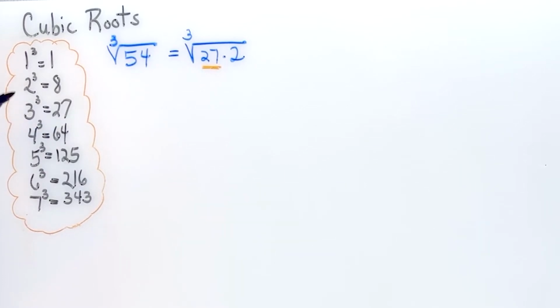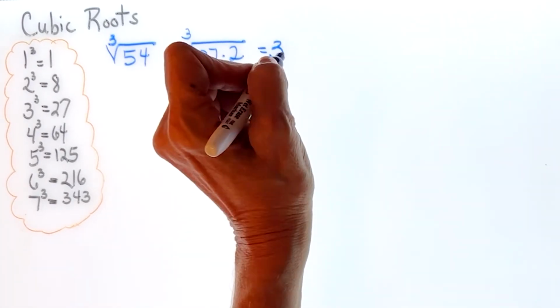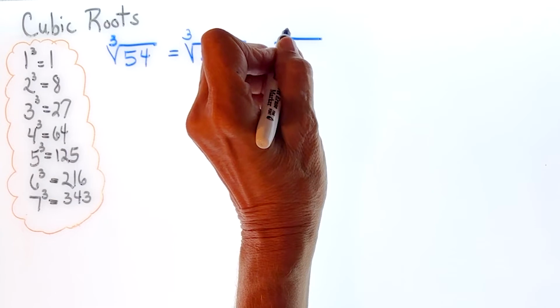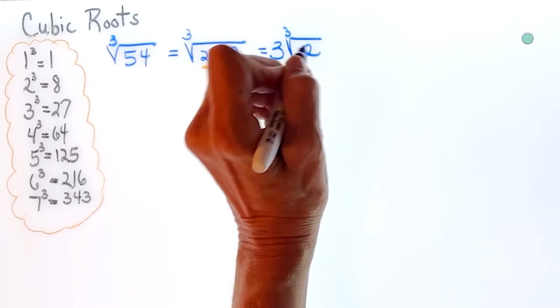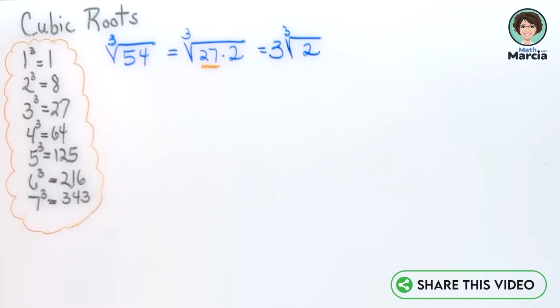So when I simplify it outside of the cubic root house, I'm going to put just a 3. And what is left inside is a 2. So the cubic root of 54 simplifies to 3 times the cubic root of 2.